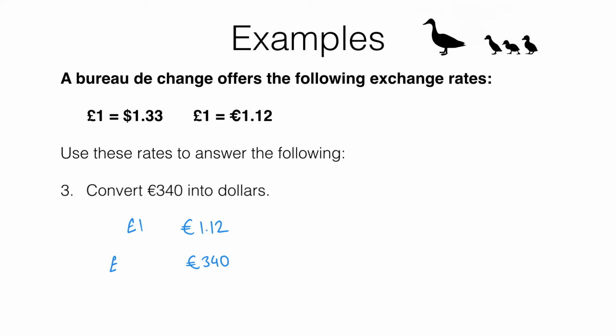So I'm going to, on the side here, write out this exchange. So that's £1 is worth $1.33. We're going to have to convert whatever this number of pounds is into dollars. And this will be our final answer. Pause the video and see if you can complete this problem for yourself.